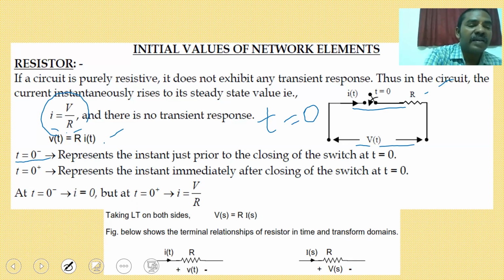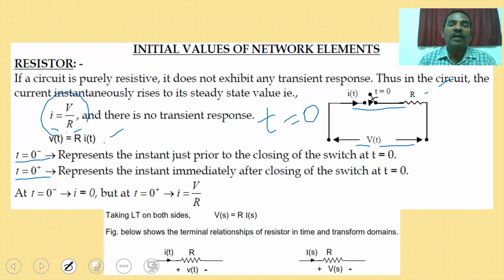Then the t is equal to 0 plus condition, immediately after the switch is closed, so the circuit is having a closed path.